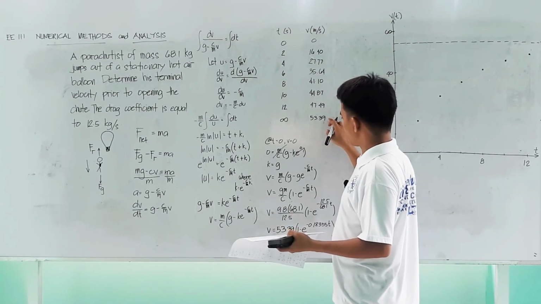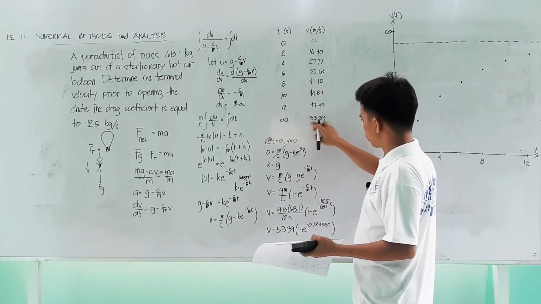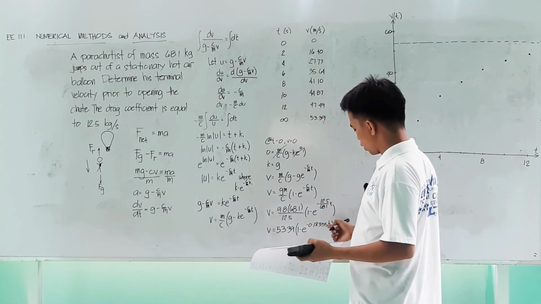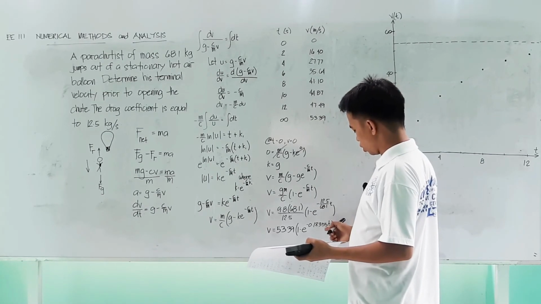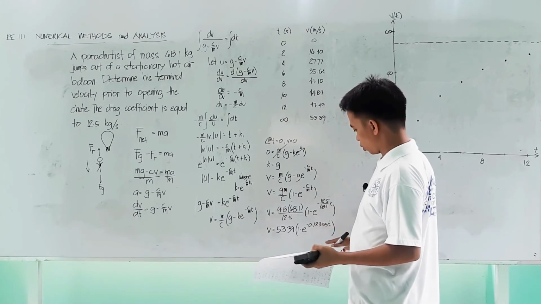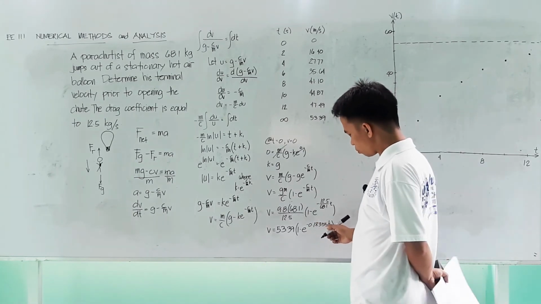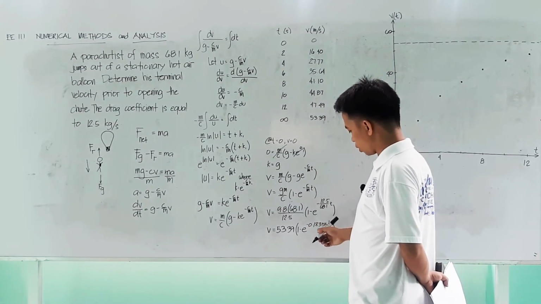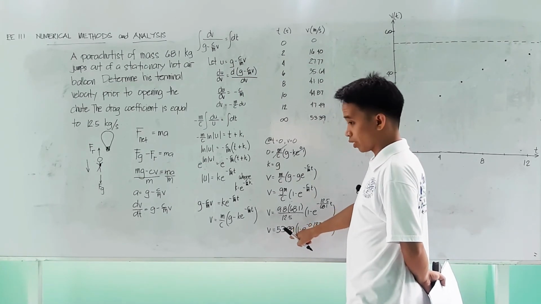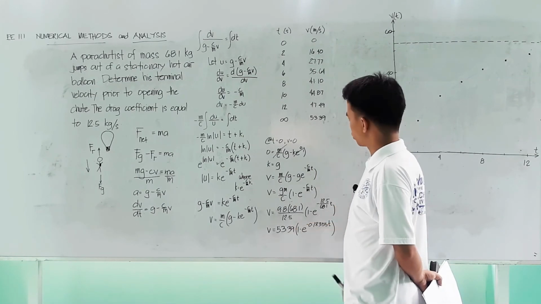And as time goes to infinity, since this term is negative, it will become 0. So that's why the terminal velocity will become 53.39.